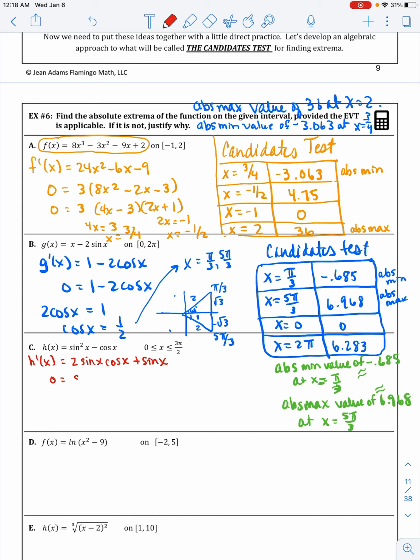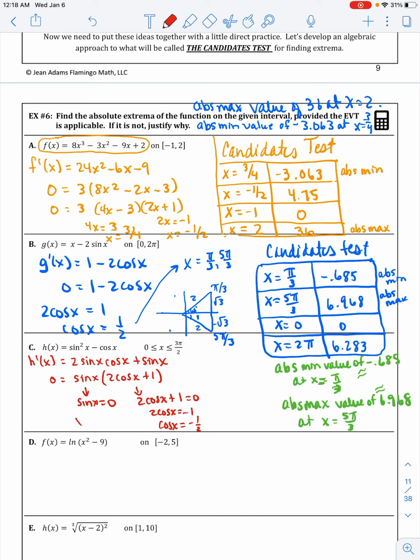And I'm going to set it equal to 0, and this is nice because I can factor out my sine, and then I'm looking for what makes my sine 0, and I'm looking for what makes 2 cosine x plus 1 equal 0, which is 2 cosine x equals negative 1, which is cosine x equals negative 1/2. So I'm looking for those x's.